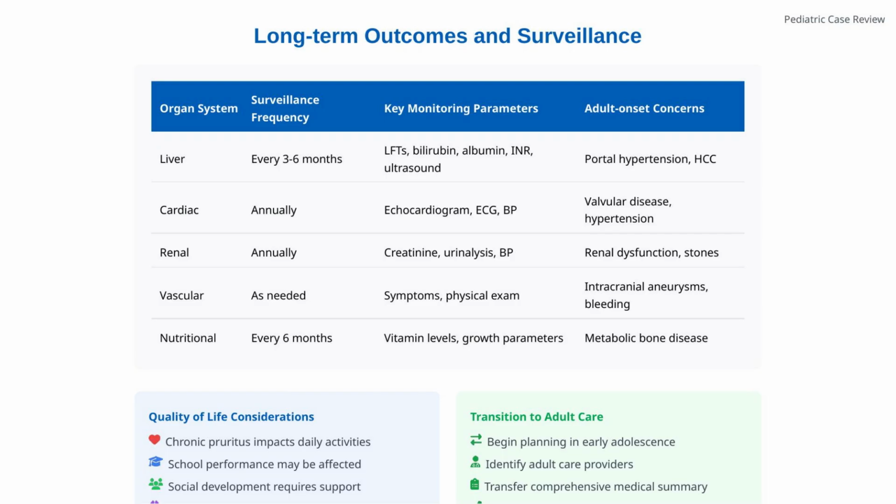Nutritional surveillance every 6 months includes vitamin levels and growth parameters, with metabolic bone disease as an adult concern. Quality of life considerations include addressing chronic pruritus that impacts daily activities, potential effects on school performance, social development support, and mental health screening. Transition to adult care should begin in early adolescence, with identification of adult providers, transfer of comprehensive medical summary, and ensuring communication between teams.